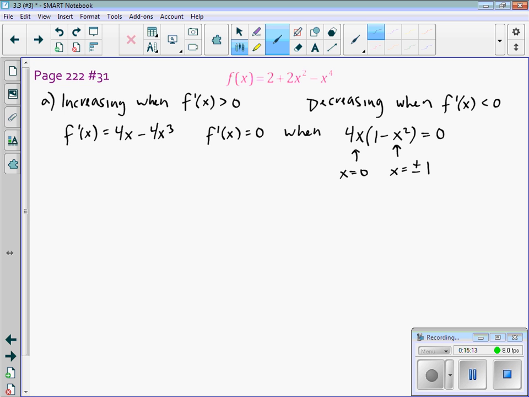And we want the intervals of increase or decrease. Are you guys familiar with the whole number line thing? Yeah, it's how most people teach it. So what you have to write if you're using the number line thing on the AP test is you have to put that this is f prime. We're going to put where our zeros are for my derivative, which are negative 1, 0, and 1.